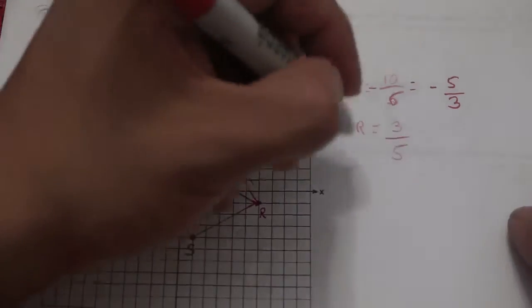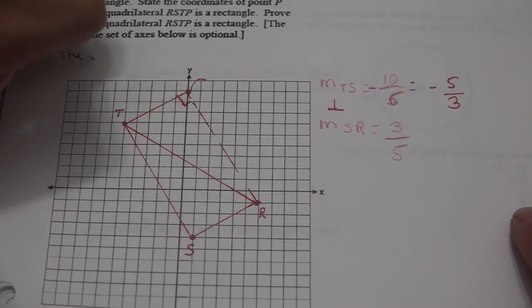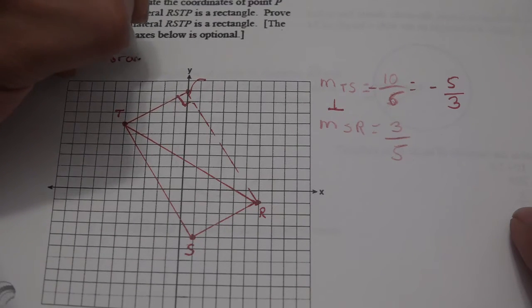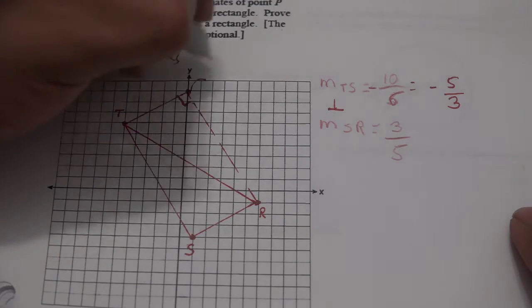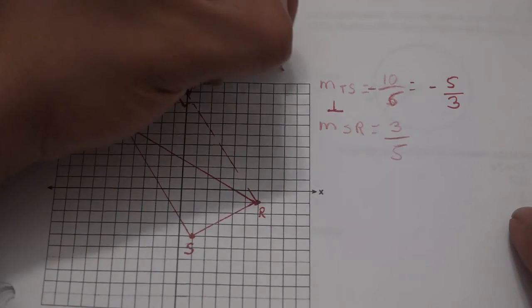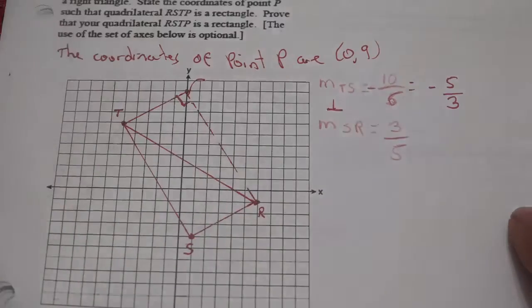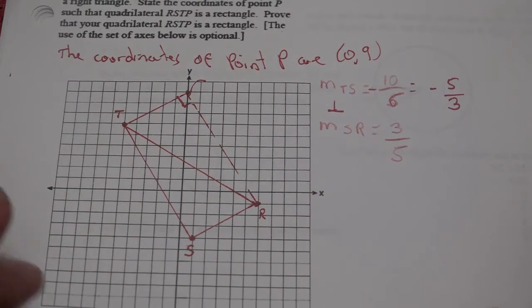So you write the coordinates of point P are 0, 9. Okay?